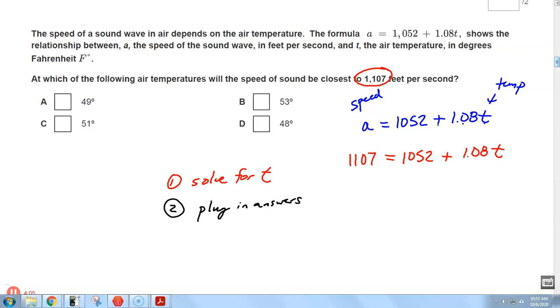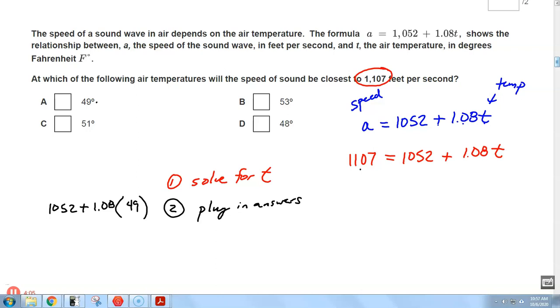That may take longer, it may take shorter, depending on which answer you start with. But for instance, if you try 49, 1052 plus 1.08 times 49, you're not going to get 1107. You'll get a different answer, so you'll know that one's not right.